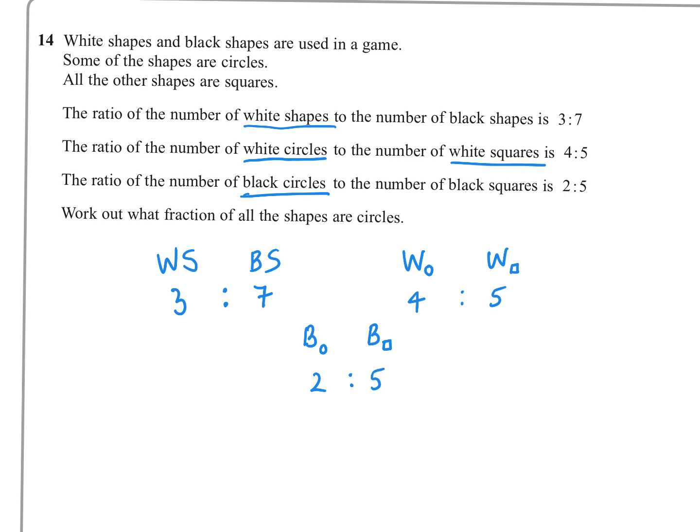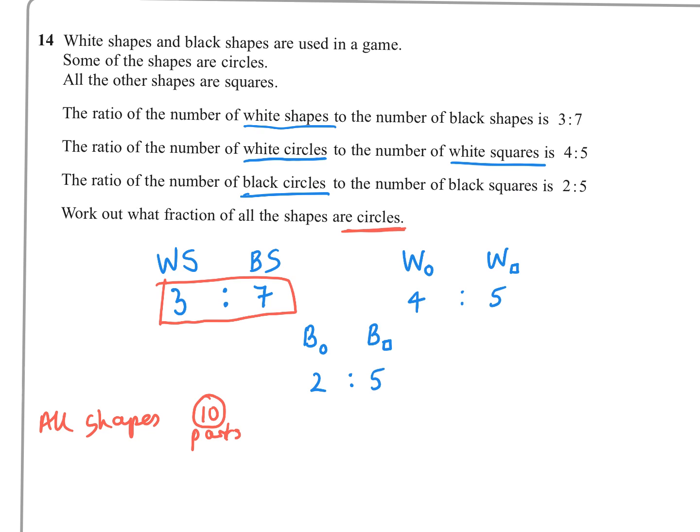Well, I try and look at this as parts here. I have 3 parts and 7 parts, so I know that all the shapes are represented by 10 equal parts. Okay, so that's really important. We know that we want to look at what fraction of all the shapes are circles.